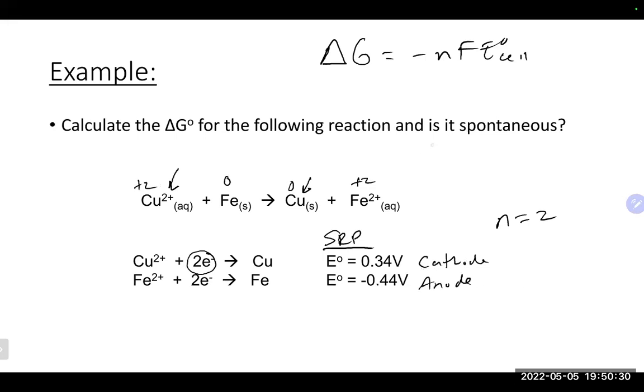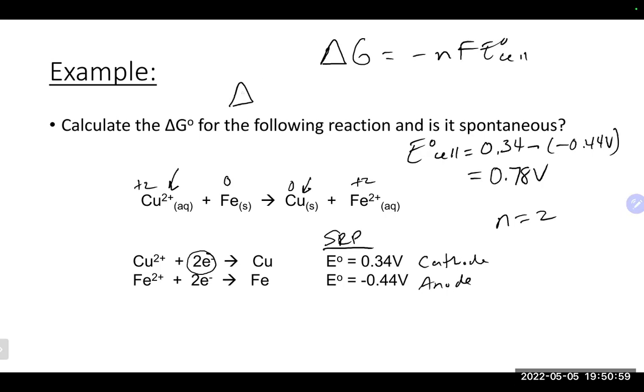So to calculate our E of the cell, we would have our cathode, and I'm not going to change the sign, minus our anode, which is negative 0.44 volts. Again, if you change the sign on the bottom guy, you should be adding at this point 0.34 minus our negative 0.44. Gets us 0.78 volts, and I think that's all we need there.